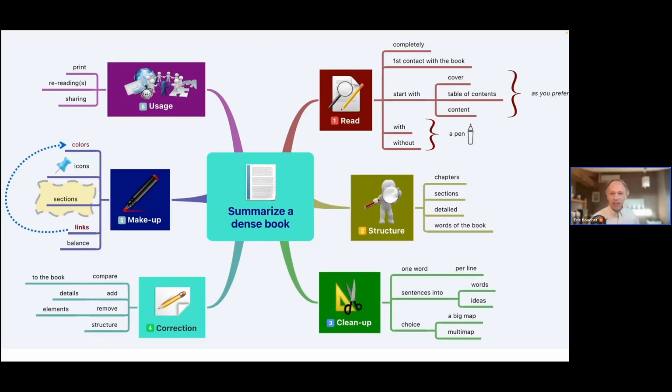So let me check what we have in the chat. Yep, so please put in the chat how you prefer to read your mind maps. If it's like full page that you could print, or if it's a complete mind map that you can dive into and have a lot of details. And welcome Elmano from Italy, and welcome Cécile from France. So Céline, sorry.